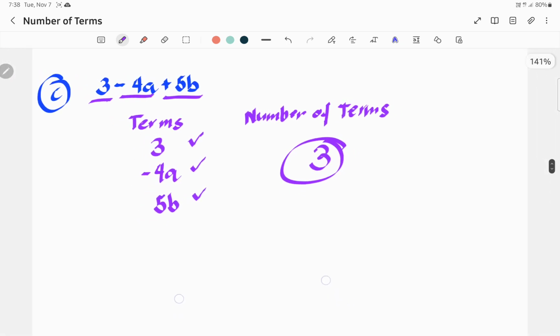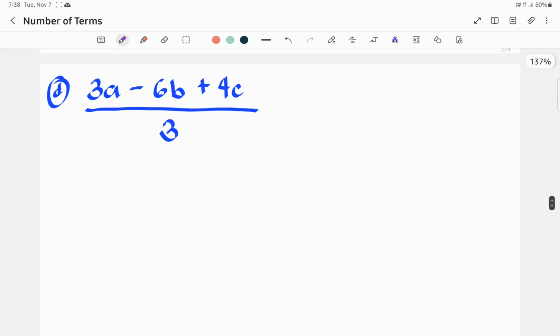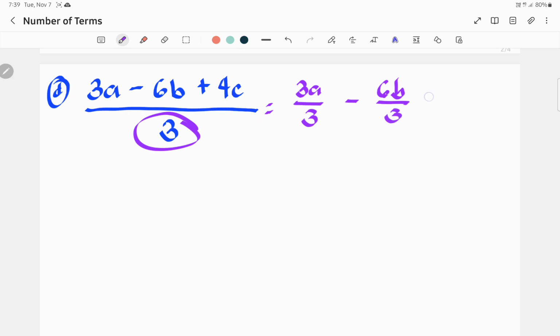Let's have another example. This is somewhat unusual. However, we can express this algebraic expression as similar fractions since they have one denominator. So we have 3a over 3 minus 6b over 3 plus 4c over 3. I believe we can simplify that, however, it was not asked to simplify.